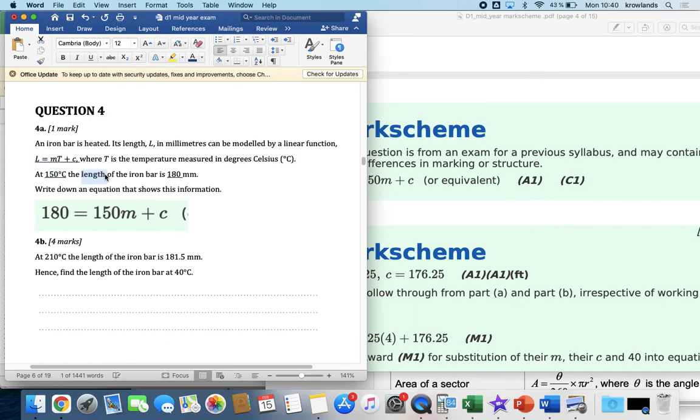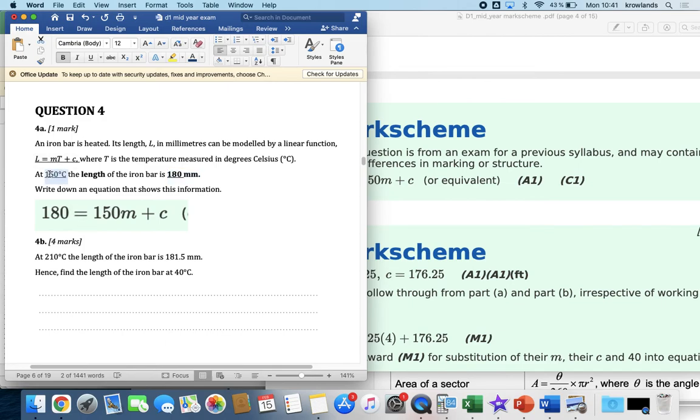This is the length. 150 is the length of the iron bar. And therefore, you need to substitute that in for capital T. Now, no, I've made a mistake there. The length is 180. So you substitute that in for L, the length.